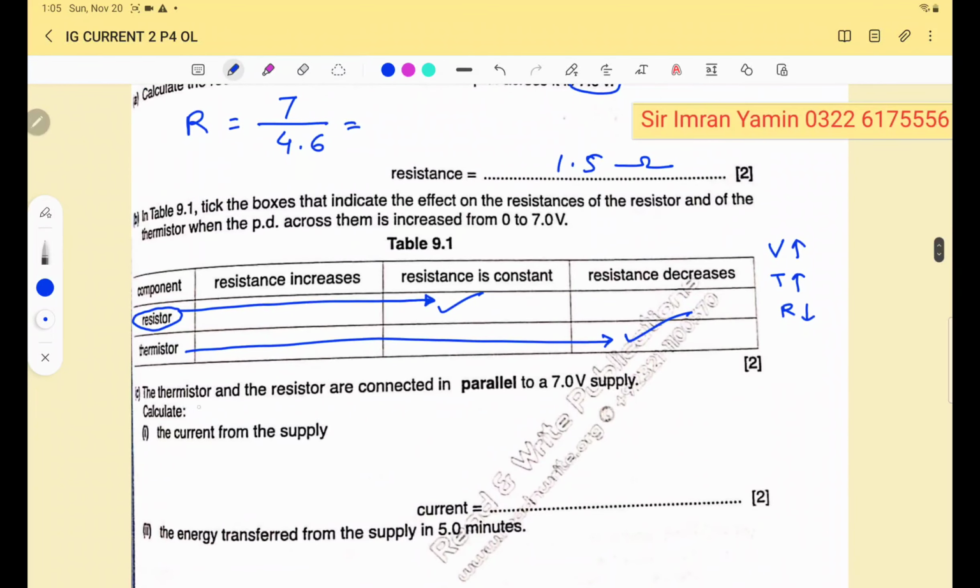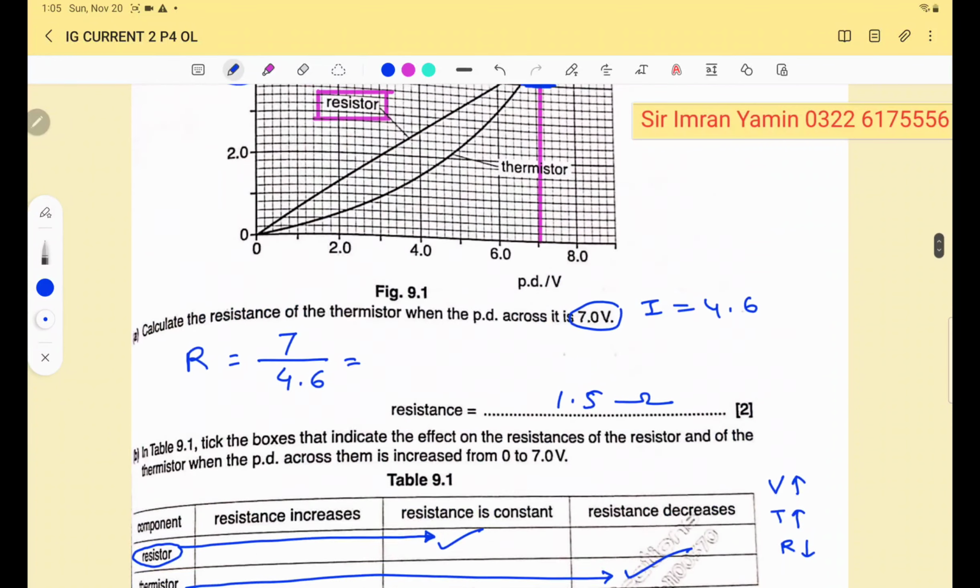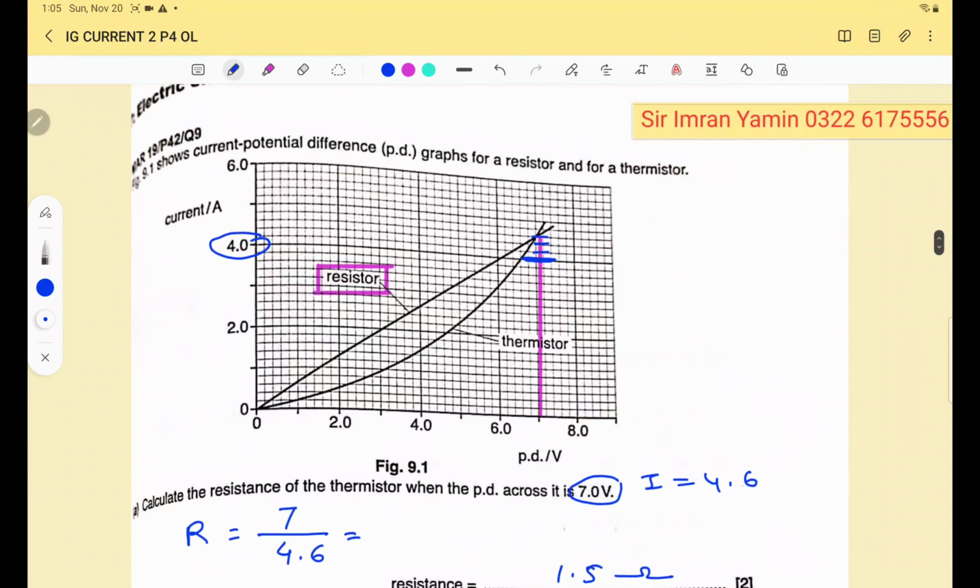And now the question is, the thermistor and the resistor are connected in parallel to a 7 volt supply. They are asking for the total current from the supply. At the same point, 7 volt, the current reading is 4.6 through the resistor and 4.6 through the thermistor.